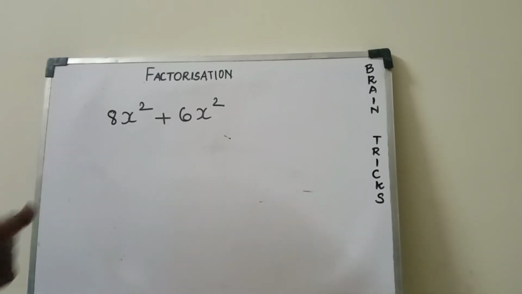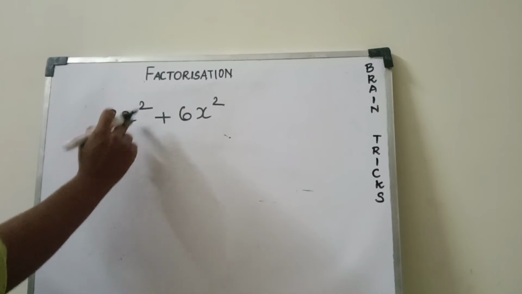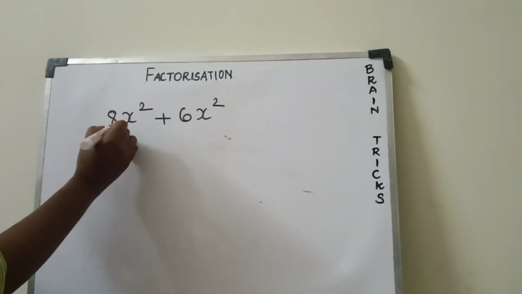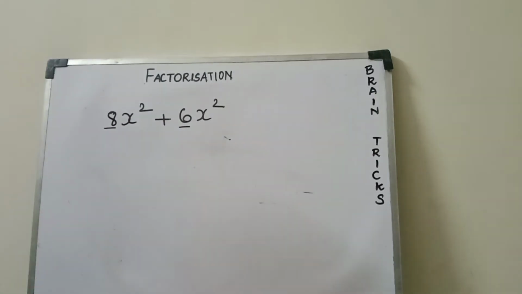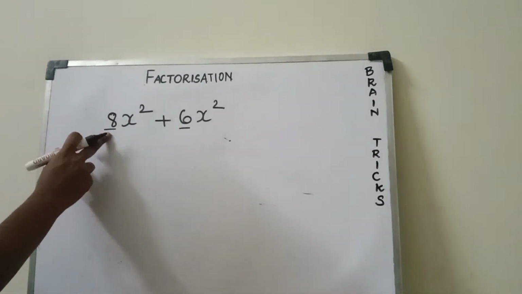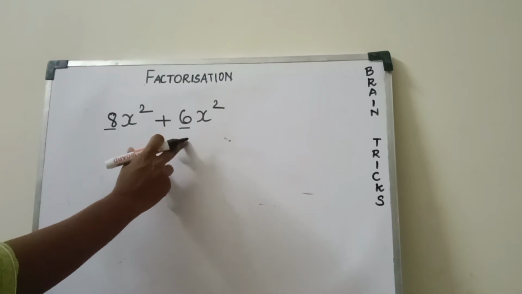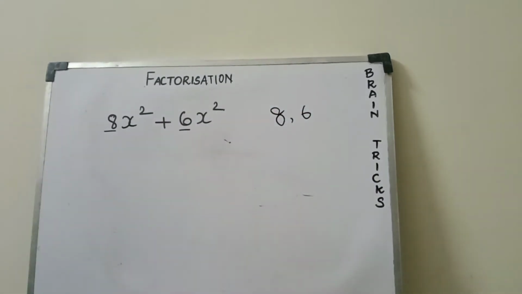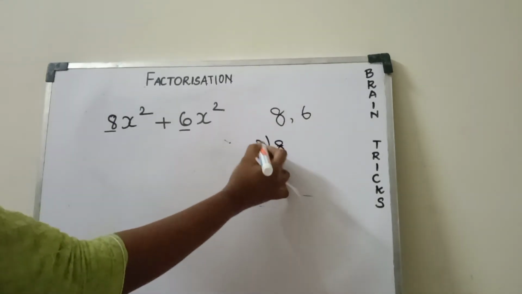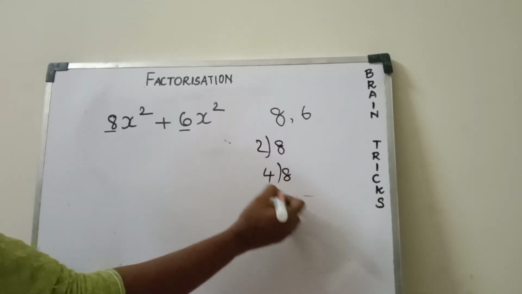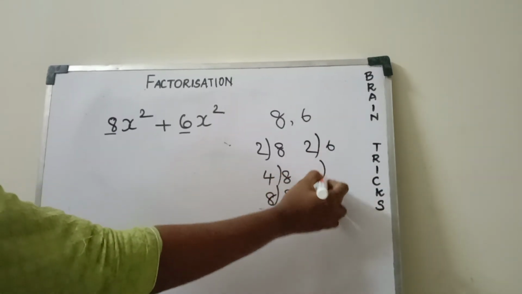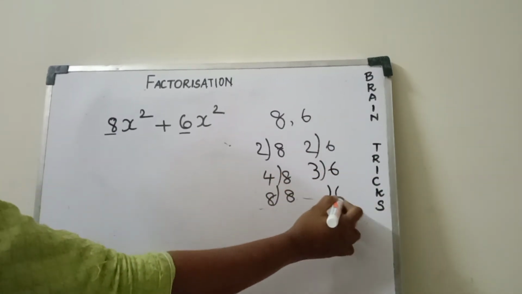Find the factor of 8x power 2 plus 6x power 2. First take the numerical values 8 and 6. Clear? This term has 8, this term has 6. Find the common factor of 8 and 6. 8 is divisible by 2, 4, and 8. 6 is divisible by 2, 3, and 6.